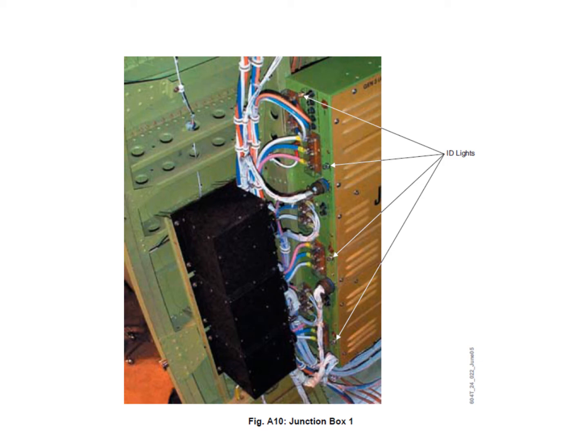JB1 is located just at the entrance door on the left hand side as you walk up the stairs, on the left hand side on the fuselage, at floor level. Obviously, normally it's buried away behind all the wardrobe unit that's there.